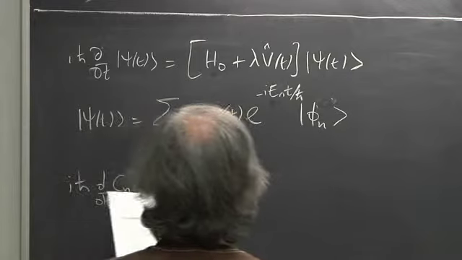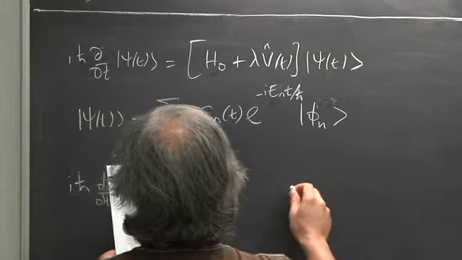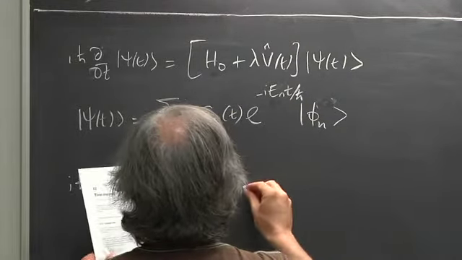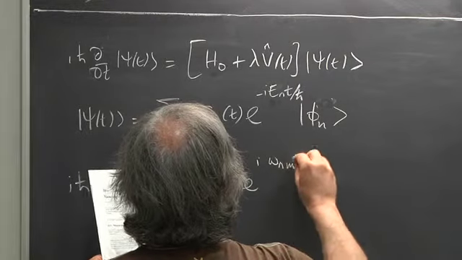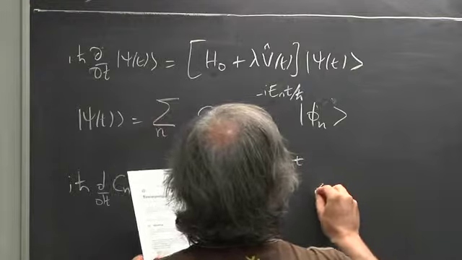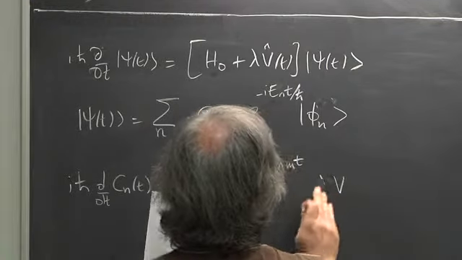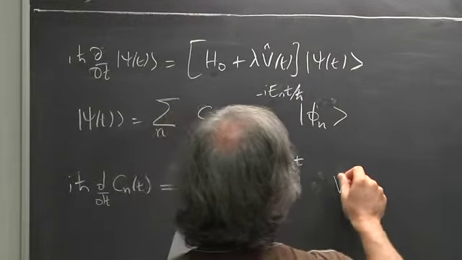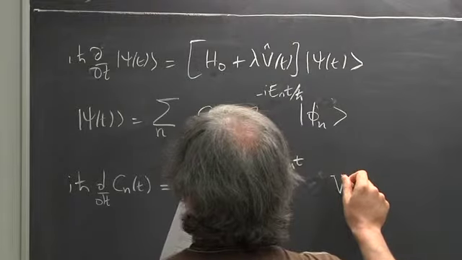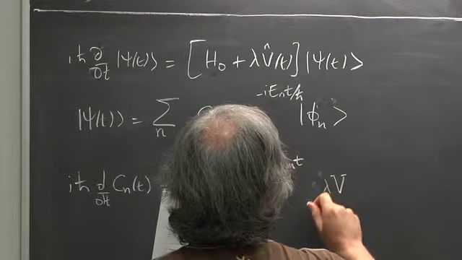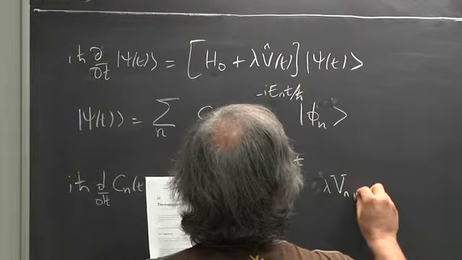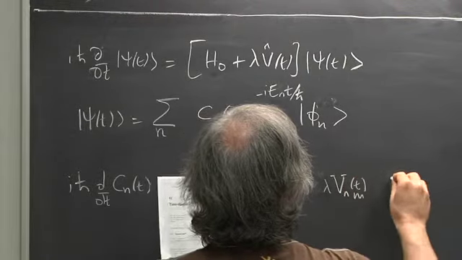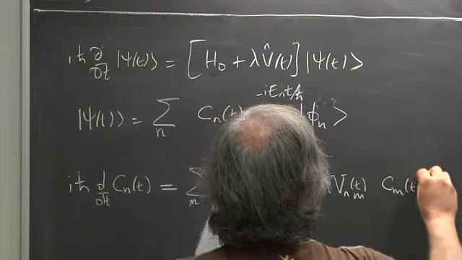Then I have e to the i omega nm t. Then I have lambda V. No, the lambda we can throw away because, well, let's still use it. Okay, lambda Vnm of t times Cm of t.